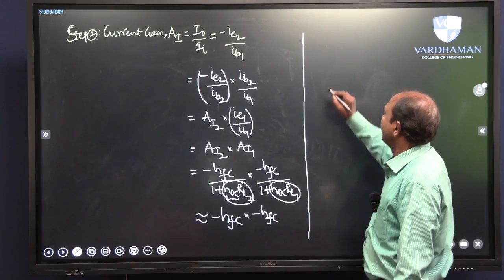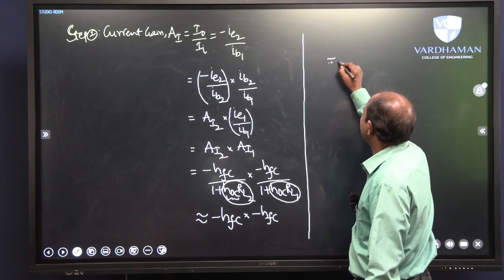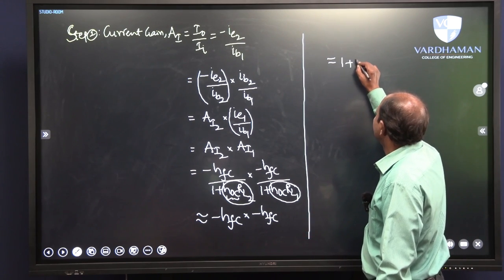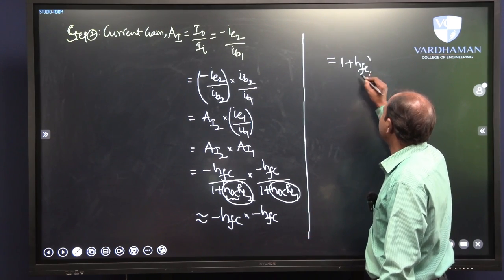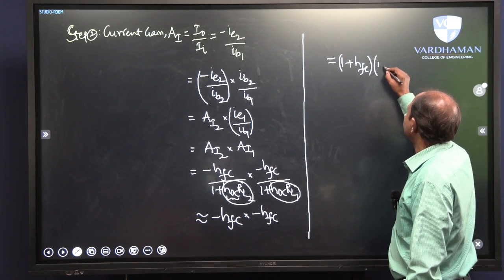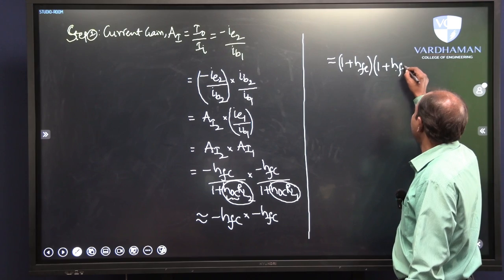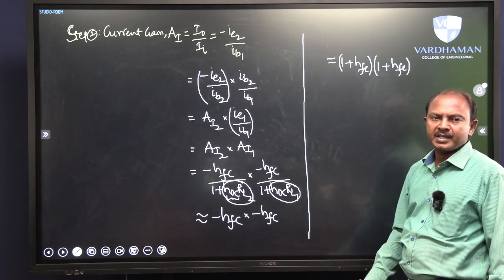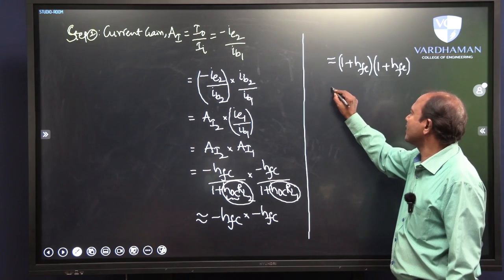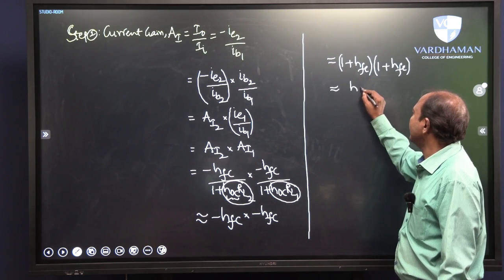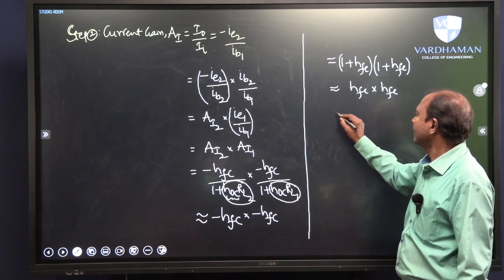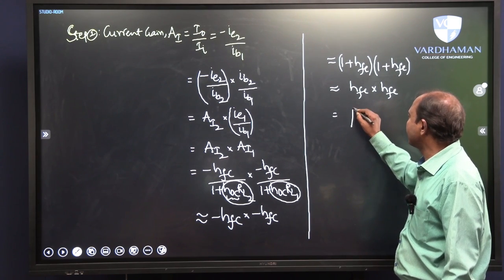That means we can approximate this value to, of course, minus hfc is nothing but 1 plus hfe. According to h parameter conversion equations, minus hfc is nothing but 1 plus hfe, into 1 plus hfe. Since 1 is generally small when compared with hfe, we can approximate this equation to hfe into hfe. Of course, hfe is nothing but beta.